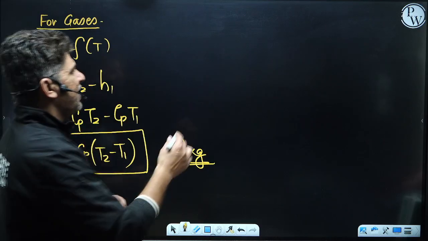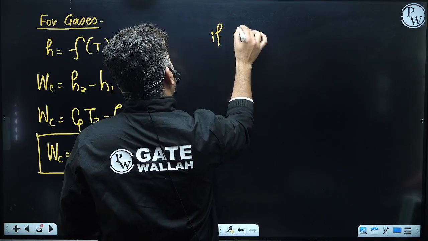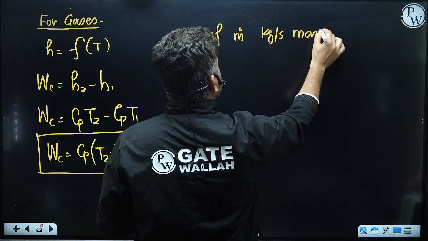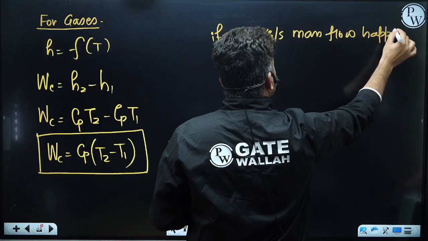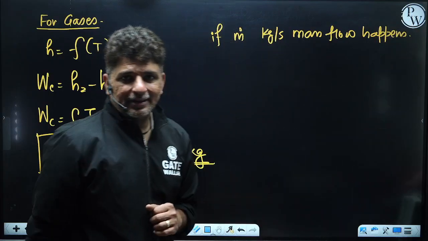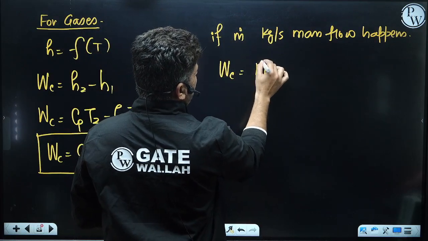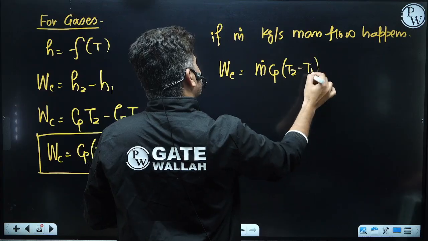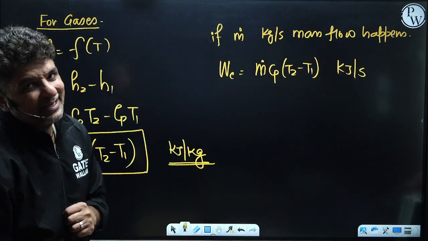In case we are given a mass flow rate, if m dot kg per second mass flow happens through the compressor, then the work required in the compressor will be equal to m dot multiplied by Cp into T2 minus T1 kilojoule per second, or it can be written as kilowatt.